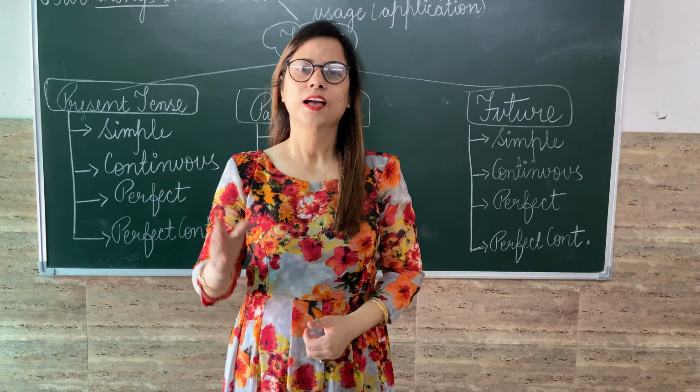Negative sentences means subject, then helping verb, then not, then verb-ing. In interrogative and negative sentences, we always use a helping verb, and in case of negative sentence, we place not just after the helping verb, then verb-ing, and then object. This is called a negative sentence.